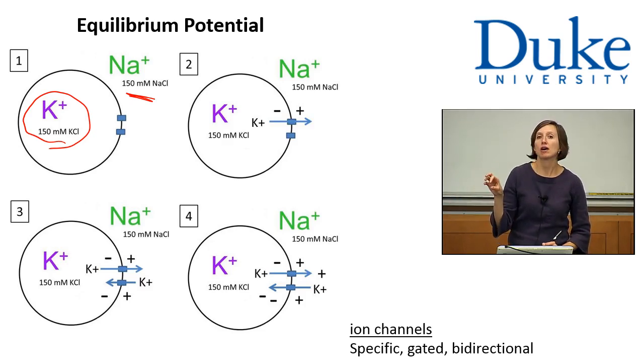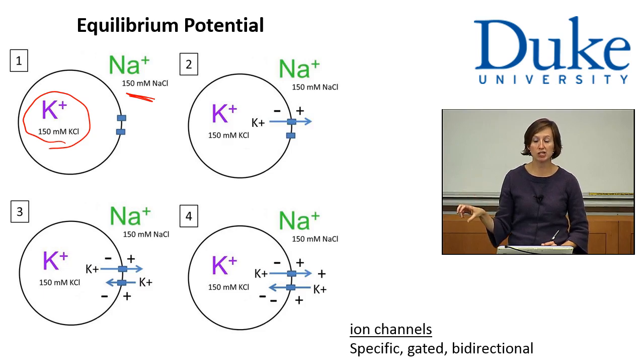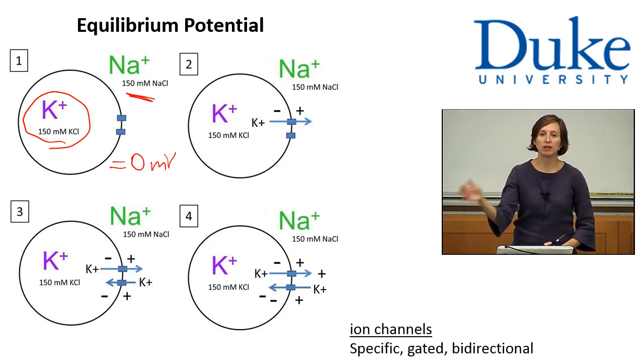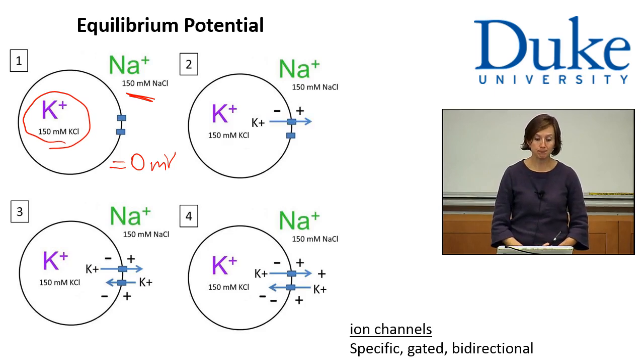Since these are potassium chloride and sodium chloride, and we've got equal numbers of positive and negative charges on each side of the membrane, right now the membrane potential equals 0 millivolts. There's no charge difference between the sides of the membrane.